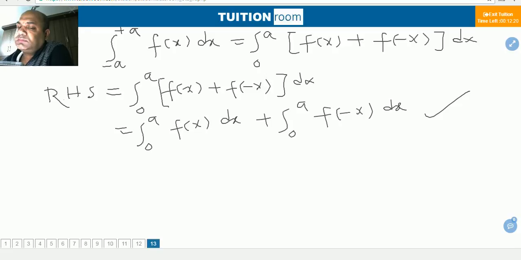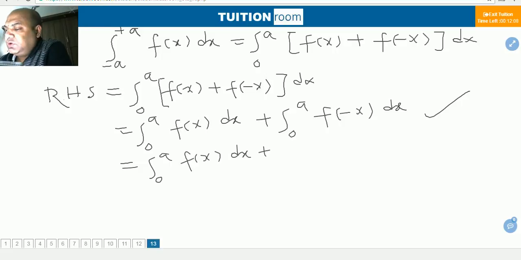So it can be written as the integral from minus a to 0 of f(x) dx plus the integral from 0 to a of f(x) dx.